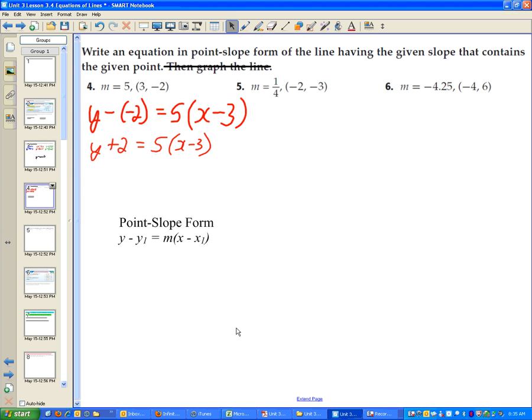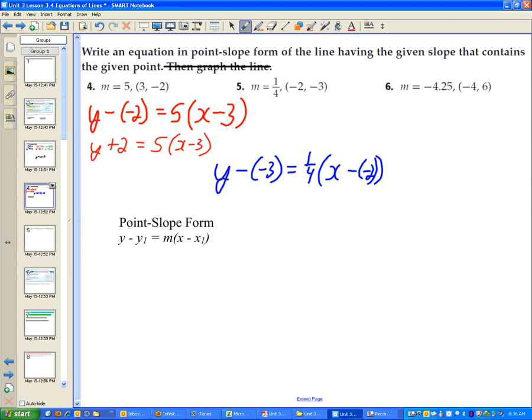Number 5. We have the slope. It's 1/4. We have a point that's on our line, -2, -3. So, y minus, what do I put in for y1? -3 equals m times the quantity x minus -2.